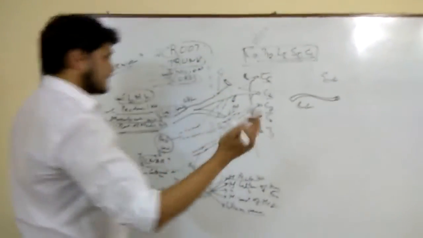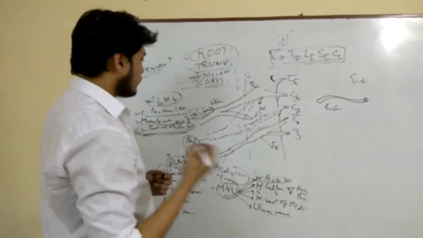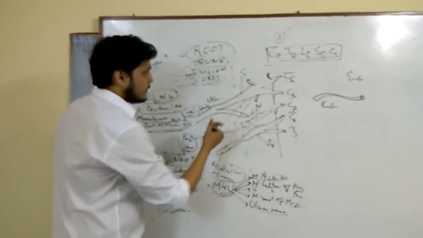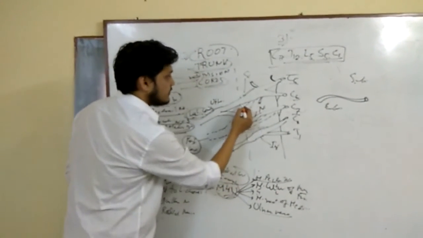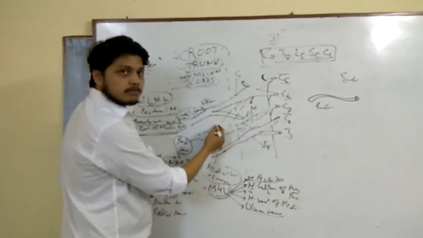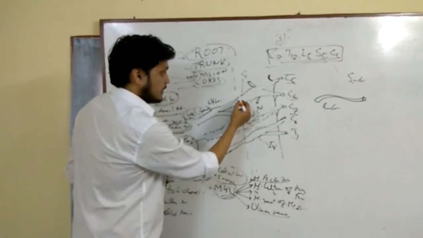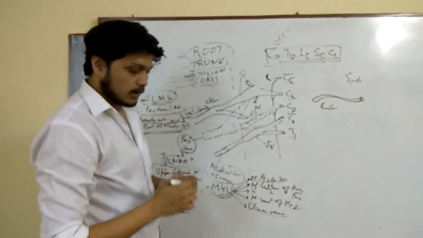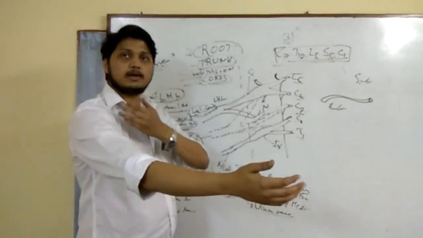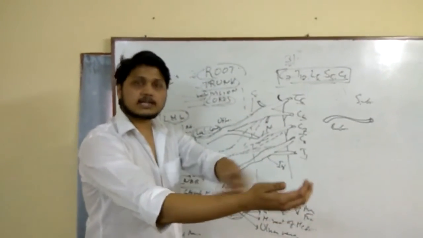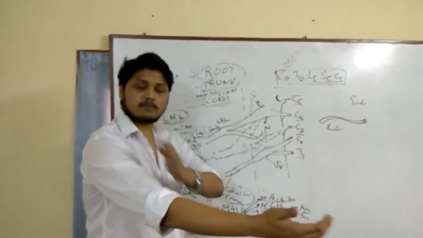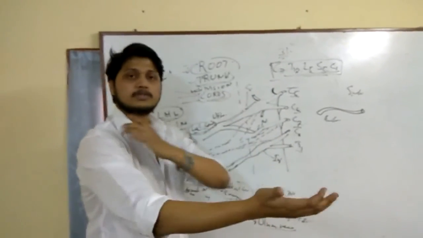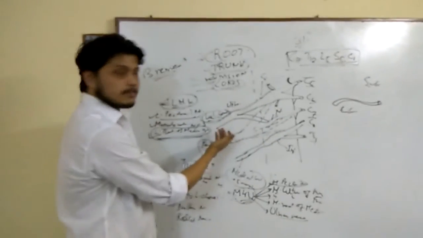First point. Second point which I want to give you to make you understand: I have said to you the trunk gives an anterior division and a posterior division, which is marked by the dotted lines. The anterior divisions will supply the anterior compartment of my arm and forearm.